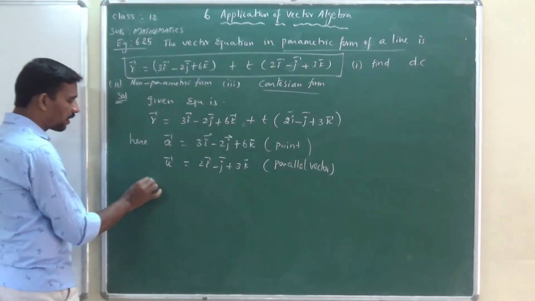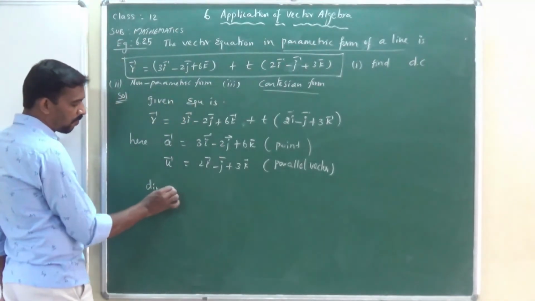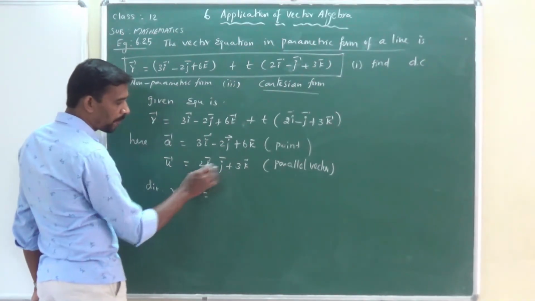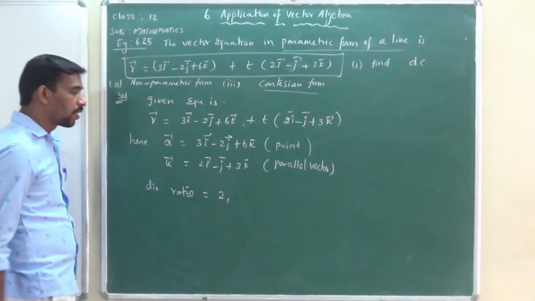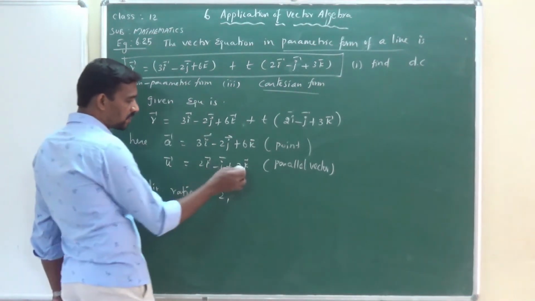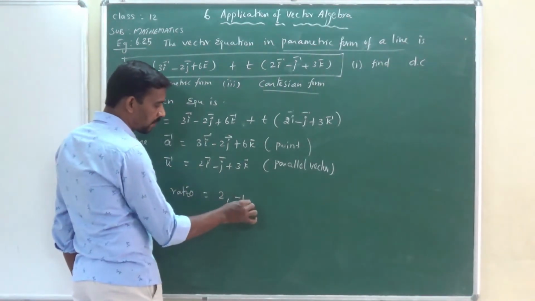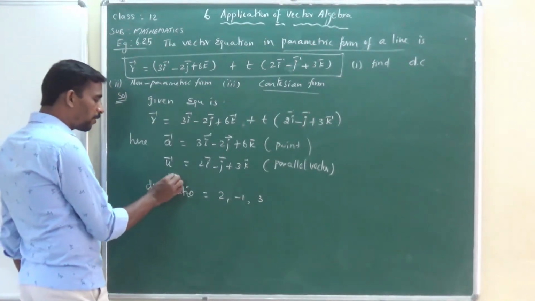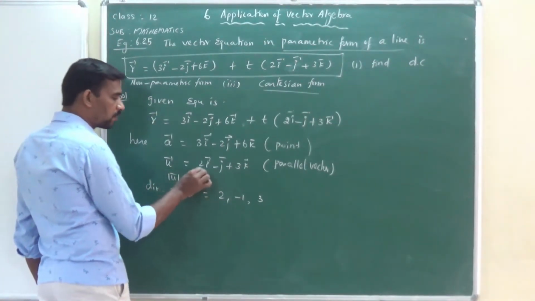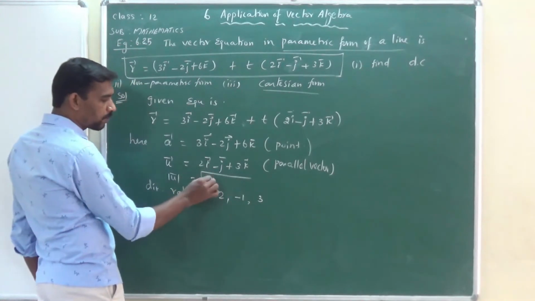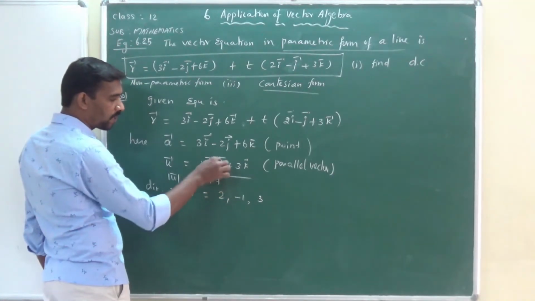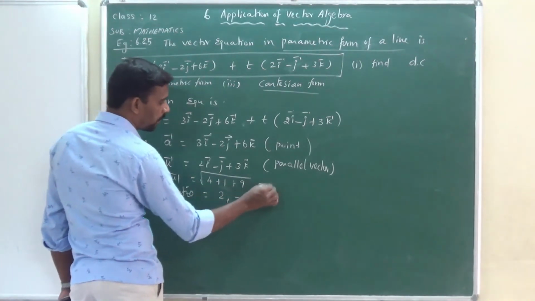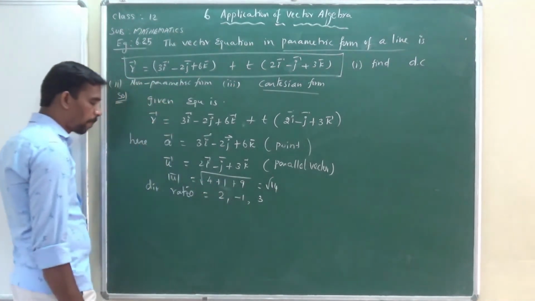Now we want to write the direction ratios. What are the direction ratios? You pick out the coefficients of i, j, k: 2, minus 1 and 3. Next, we find the magnitude of the u vector, so we take the squares: 2 squared is 4, minus 1 squared is 1, and 3 squared is 9. So it will be root 14.